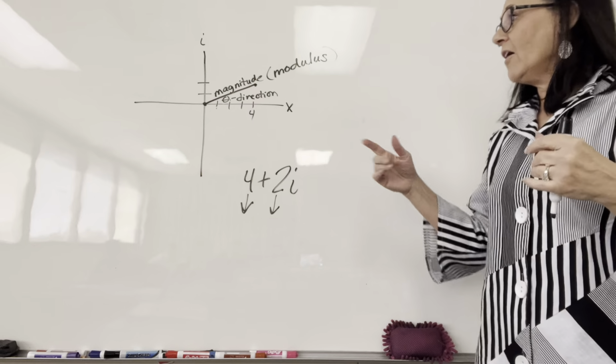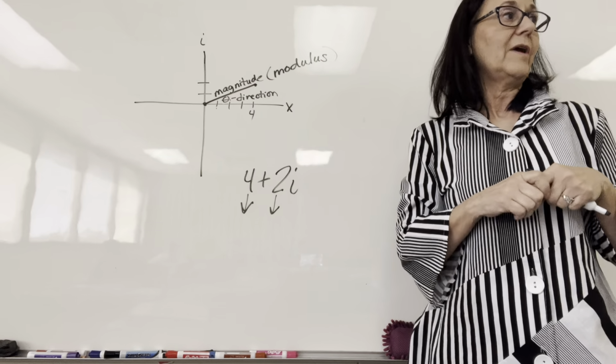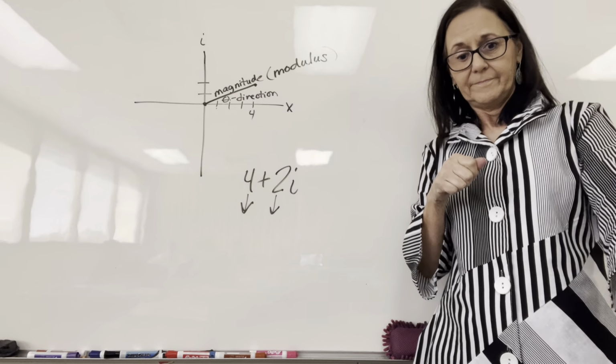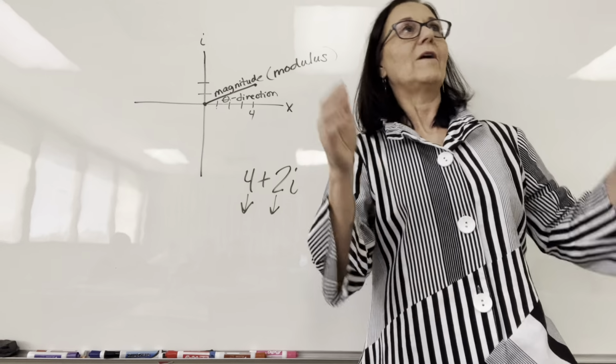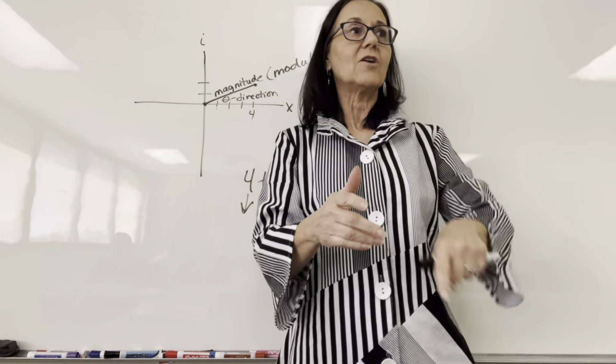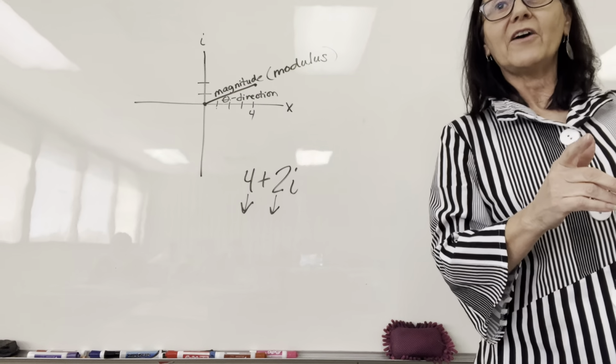If I were to calculate the x value, what trig ratio do I use? X goes with cosine. The y value goes with sine.